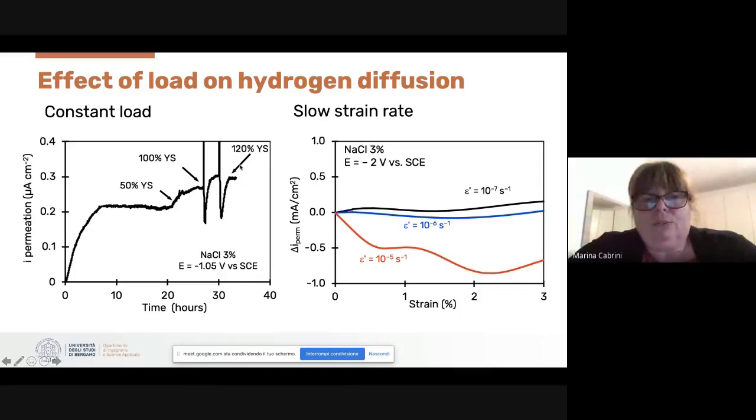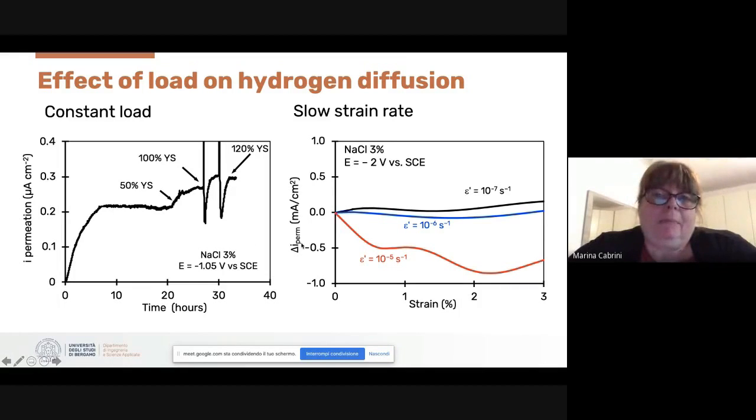This effect was due only to hydrogen trapped by the dislocations generated by the applied stress. We can see that there is a recovery of the permeation flux of hydrogen, as these newly generated traps were filled by hydrogen, and the time to reach the steady state depends on the value of the applied stress.